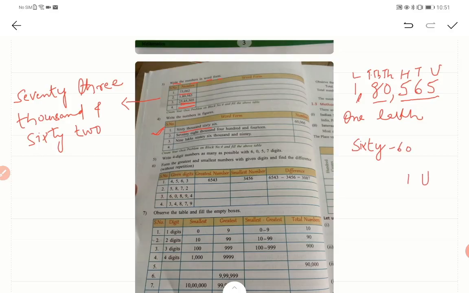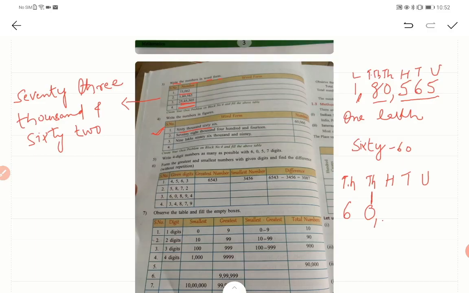Units, tens, hundreds, thousands, ten thousands. 60 means 10,000 onwards, so 60,000.